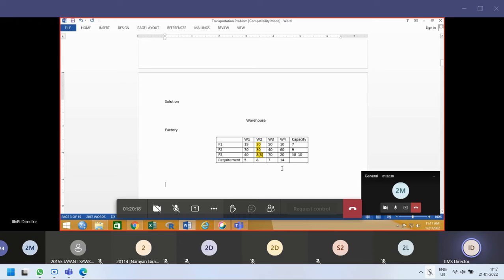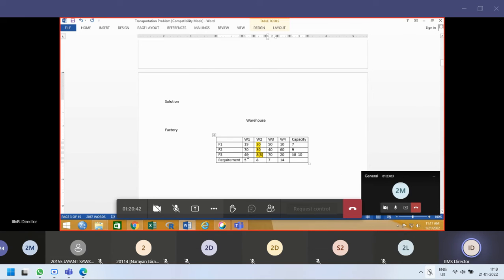Now second time, again the same logic we have to apply. But second time, whatever column is allocated, don't consider this column. So from the remaining elements, what are the remaining elements?